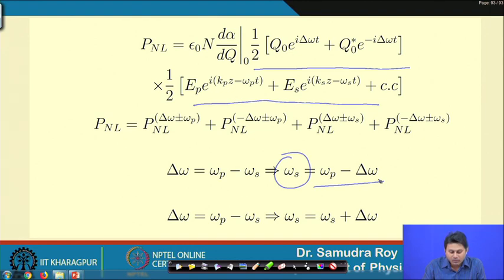We need to find out where we can get these frequencies, and we find there is a printing mistake, it should be P, which I also mentioned last day. From here we find there is a frequency omega p minus omega s, that is omega p minus delta omega, which is equal to omega s. This is the frequency I am looking for. The P nonlinear term will be vibrating at all these frequencies, but this is the frequency which is important in our case.